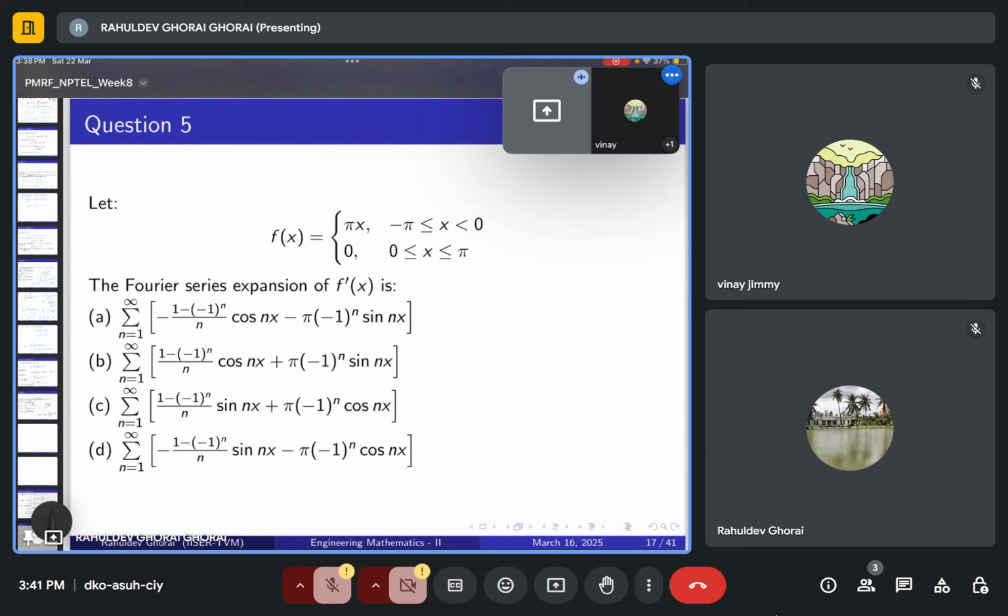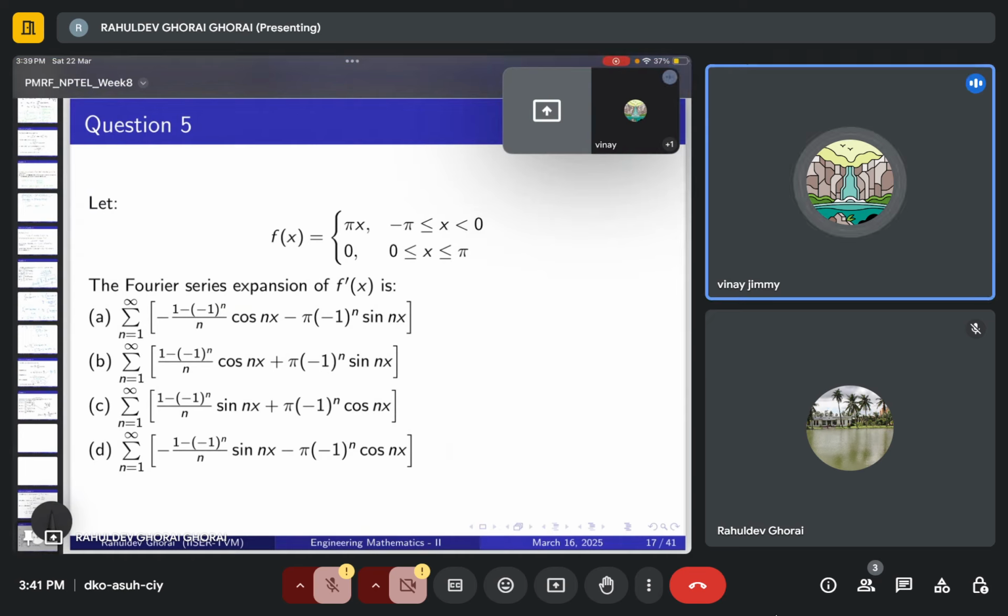f(x) is given like this. The given function, is it differentiable?